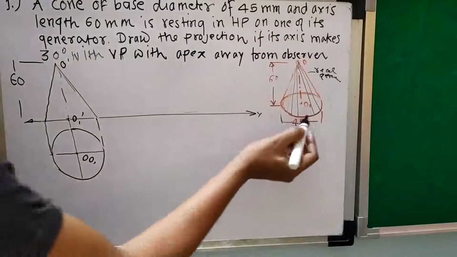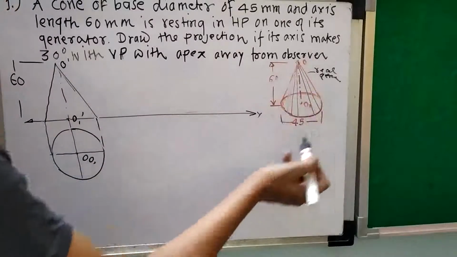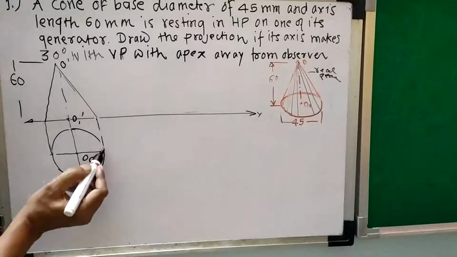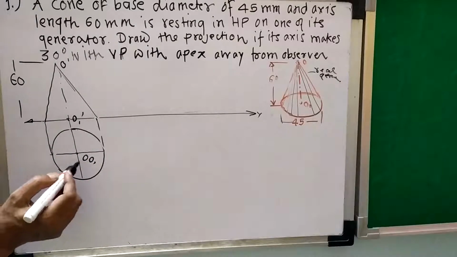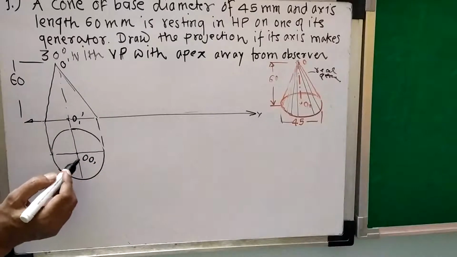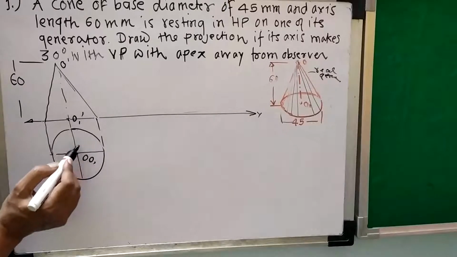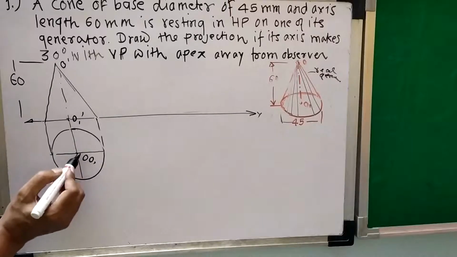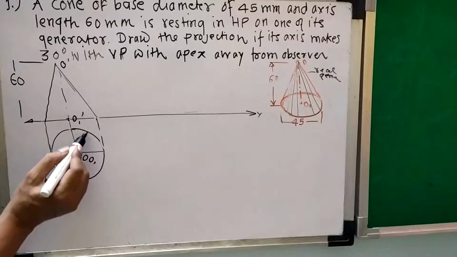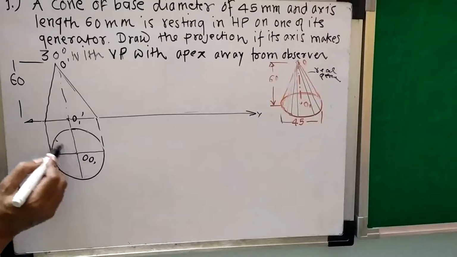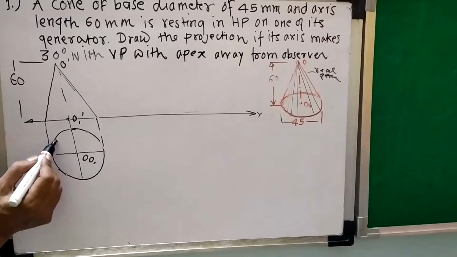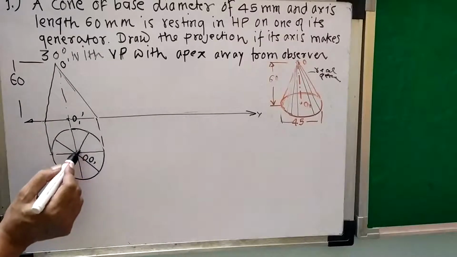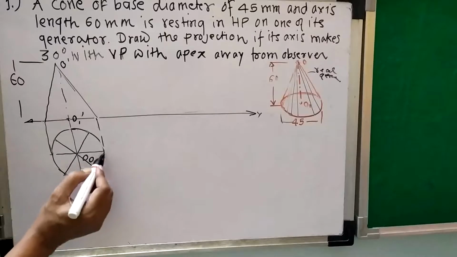Now I will show the generators also. For that, I will divide this circle into a number of equal parts. Let's take 8 equal parts. For 8 equal parts, each angle is 45 degrees. So from this 45 degrees, from this 45 degrees, and so on, I will join these.